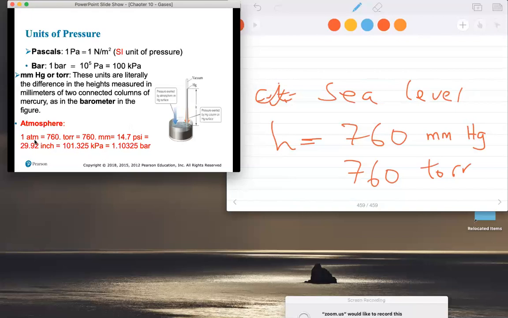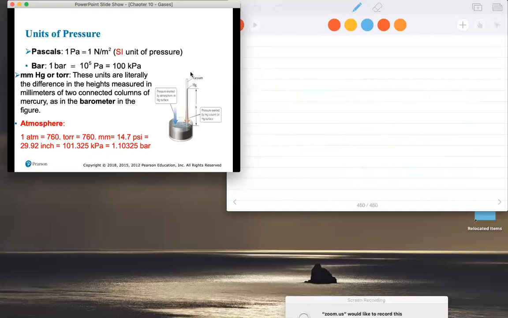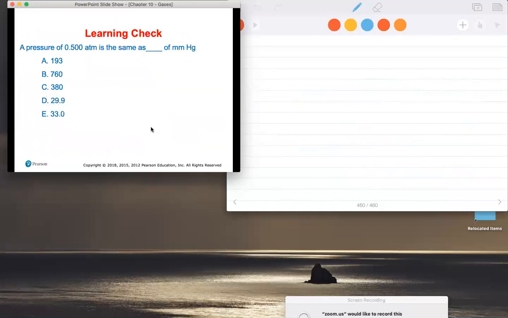And 1 atmosphere equals 760 torr equals 760 millimeters mercury equals 14.7 pounds per square inch equals 29.92 inches mercury and so forth. This is a large equivalent statement I'll give you in the exam. Yours is to use it in changing pressure from one unit to the other.